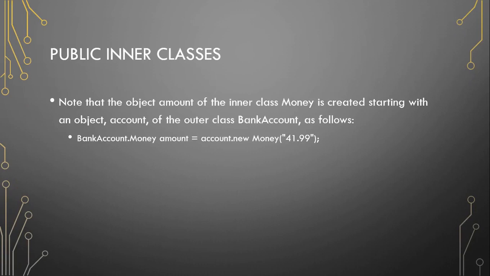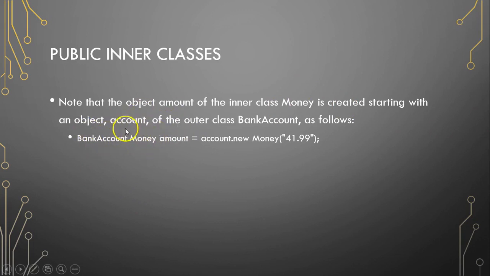You'll note that the object amount of the inner class Money is created starting with an object, account in this case, of the outer class BankAccount as follows. BankAccount.Money amount = account.new Money("41.99"); Right, so it's not just saying Money amount, and you're not just saying BankAccount amount, it's BankAccount.Money.